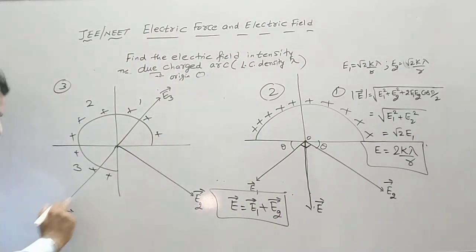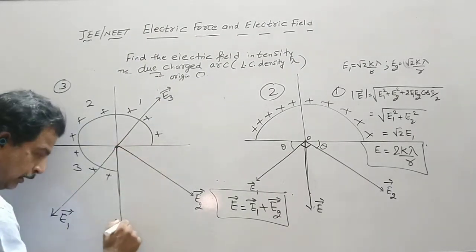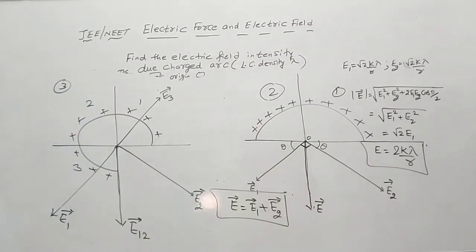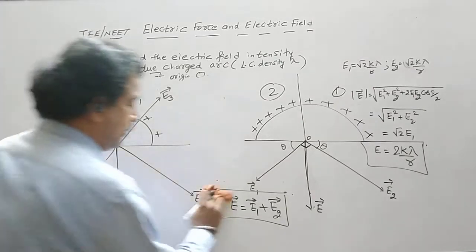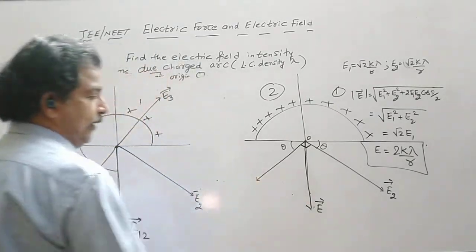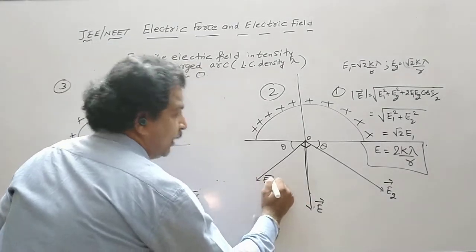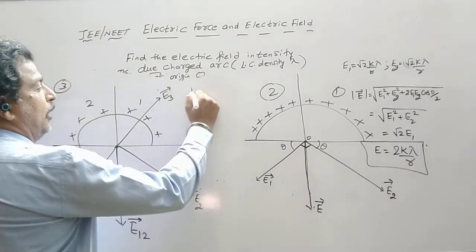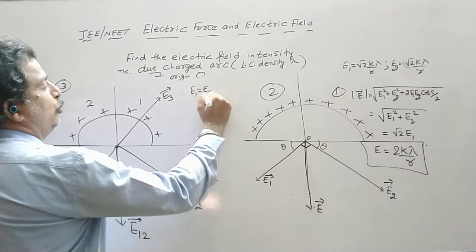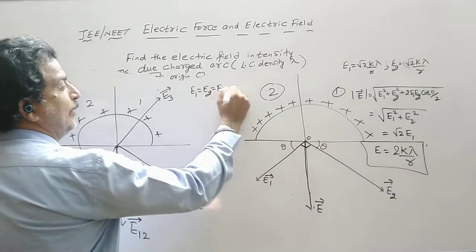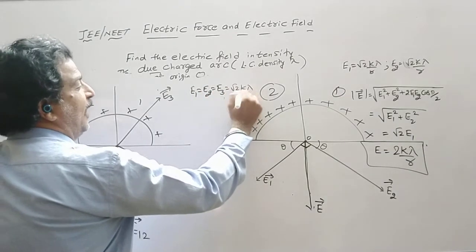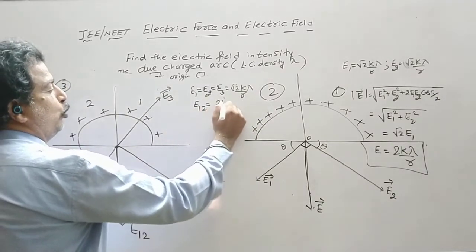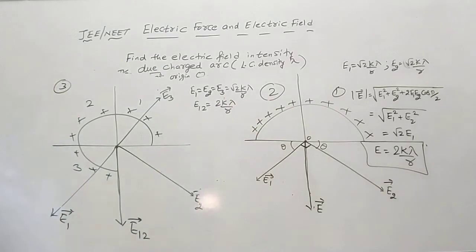We have found that E1 and E2, let the resultant be E12, and its magnitude is 2k lambda by r. So I can write E1 is equal to E2 is equal to E3 is equal to root 2 k lambda by r, where E12 is equal to 2k lambda by r.